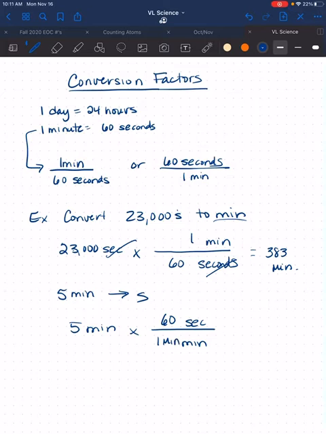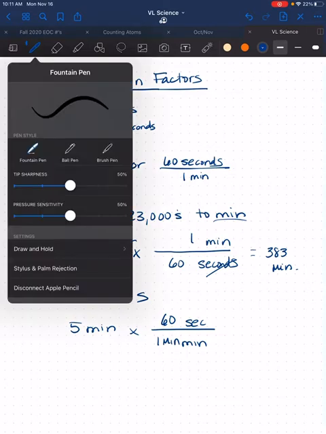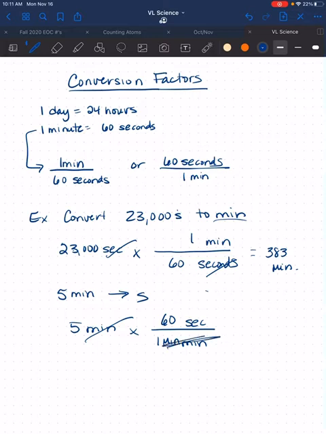And again, the point of the conversion factor is the top and the bottom, the numerator and denominator, are equal to each other. So it's a fraction, in quotation marks, that equals 1, the purpose of which is for us to cross off units to get to the correct unit.